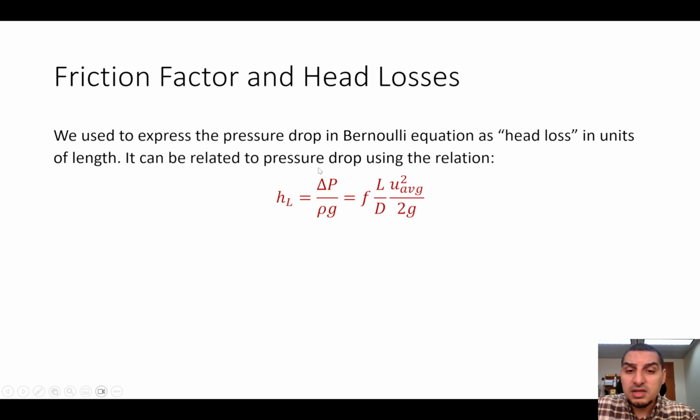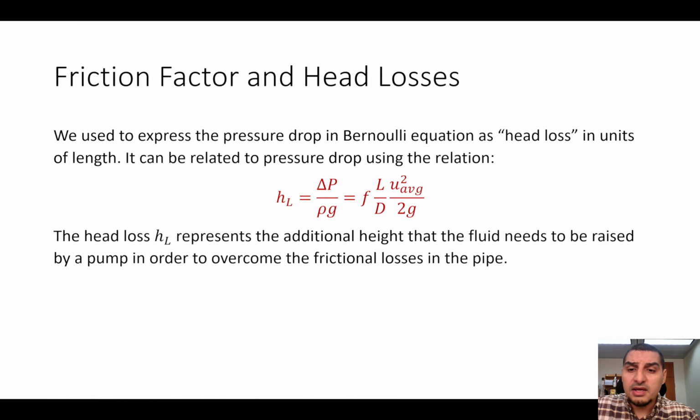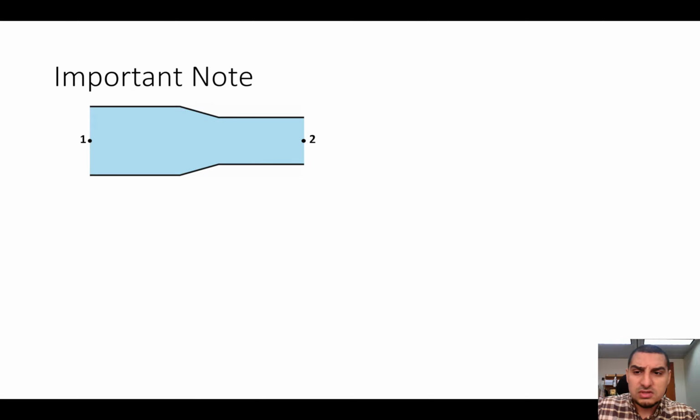The head loss can be calculated as delta P over rho g, and h_L is now in units of meters, and then it's f L over D times U squared over 2g. So this is the equation that we use to calculate the losses, and this is what we're going to put in the Bernoulli equation. But we need to be very careful about something here, and this is the conceptual point that I want to stress. This point is: which delta P do we mean here?